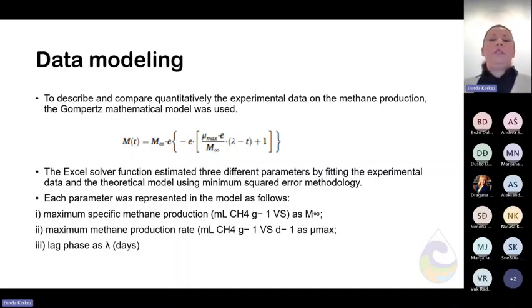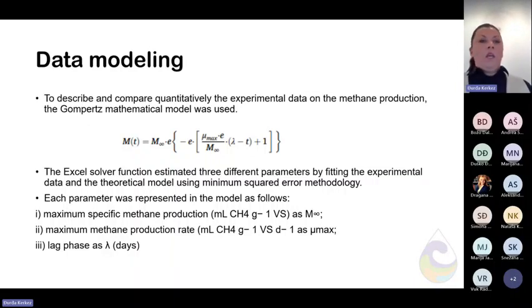So we used this mathematical model to describe and compare quantitatively the experimental data on the methane production. We used the Excel Solver function to estimate 3 different parameters by fitting the experimental data and the theoretical model using the minimum square error methodology. The parameters that we used were maximum specific methane production, maximum methane production rate, and lag phase.